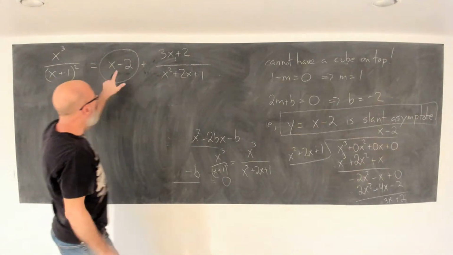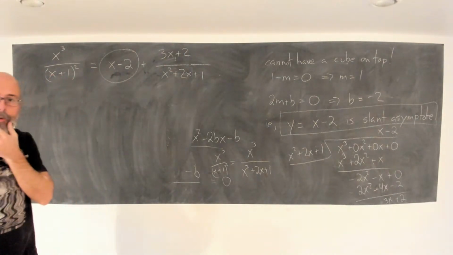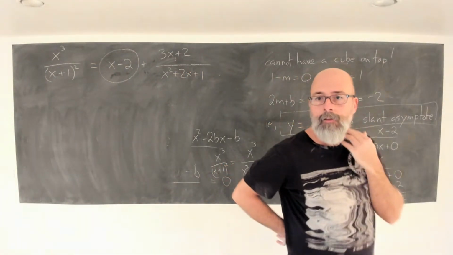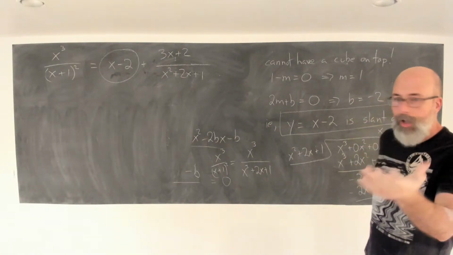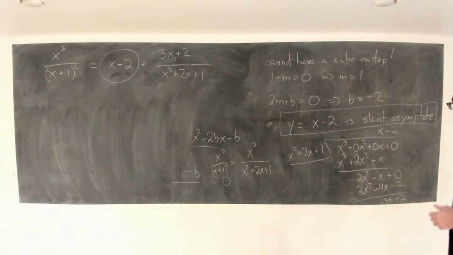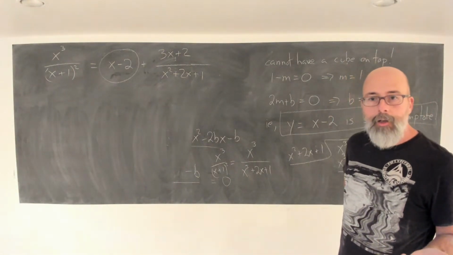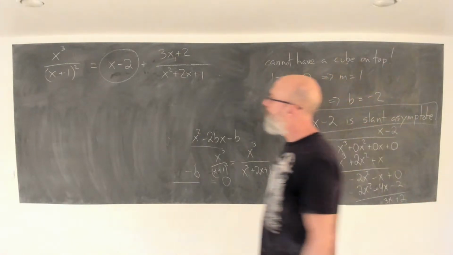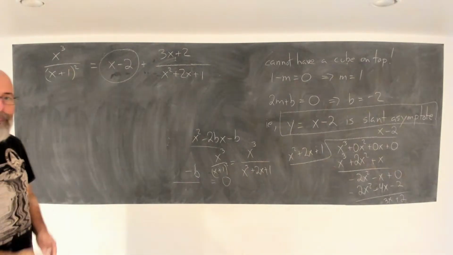So this minus that, which is just this, goes to 0. Here you can use long division. But in the first example we did, long division did not apply. So these are just nice tools that you can use to find the slant asymptote.